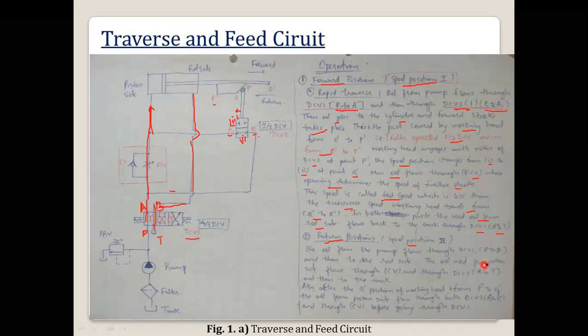The oil from the piston side flows through the check valve and through DCV1, that is A to T, and to the tank. Also, after the Q dash position of the working head, from P dash to O dash, the oil from the piston side will be flowing through DCV2, that is A1 to P1, and through the check valve before going to DCV1.